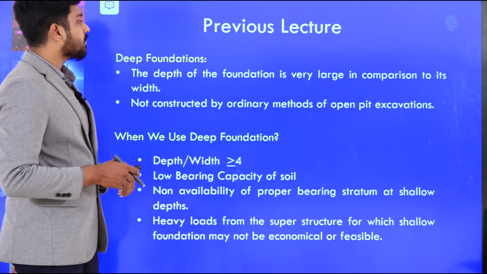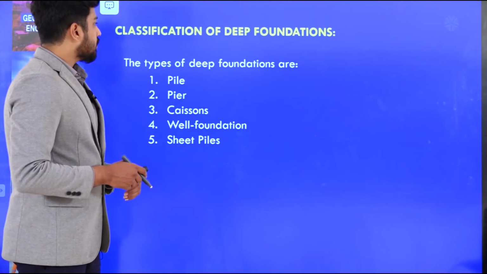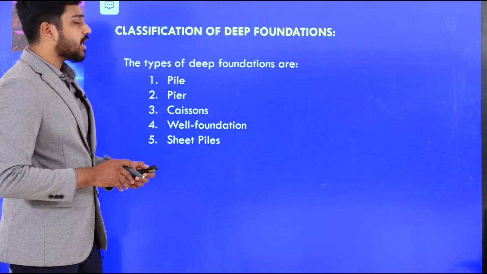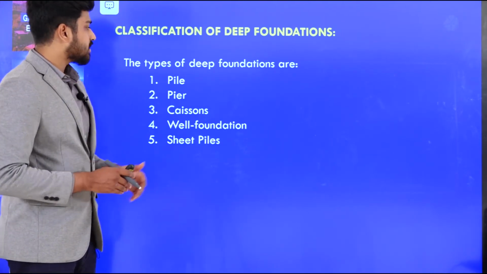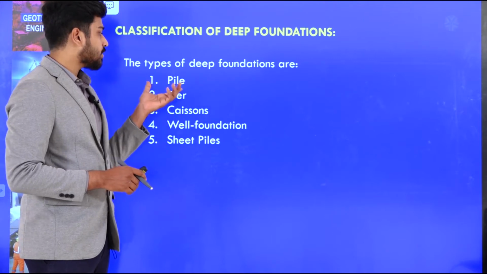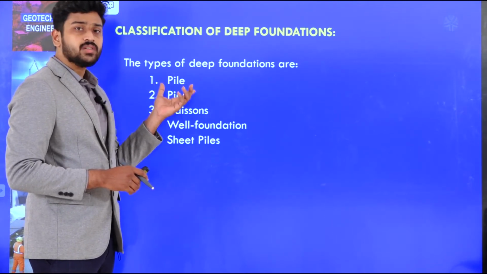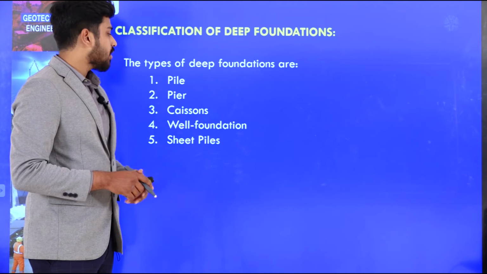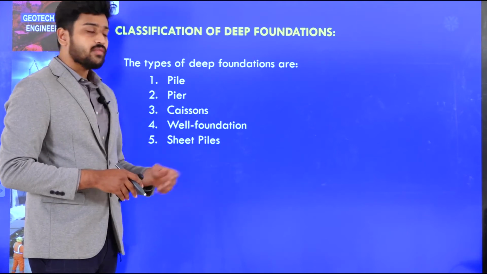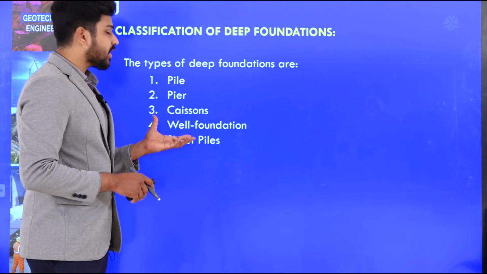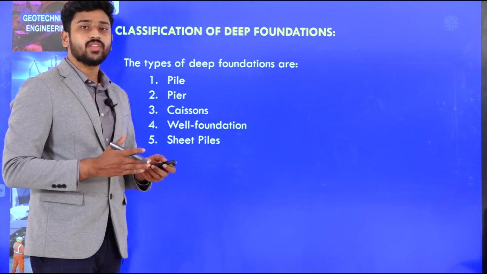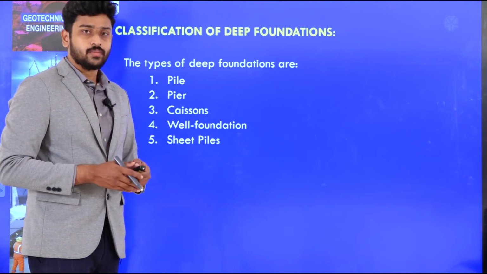Clear? Now, we have understood the different types of deep foundations in our previous lecture, where they are classified as pile foundations, pier foundations, caissons, well foundations, as well as sheet piles, out of which in the previous class we have understood some of the different types.